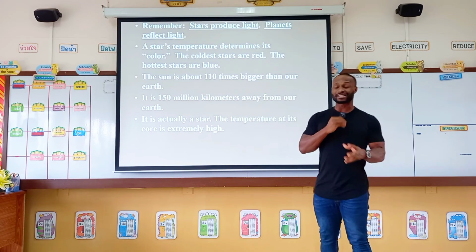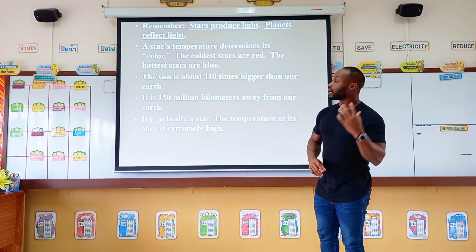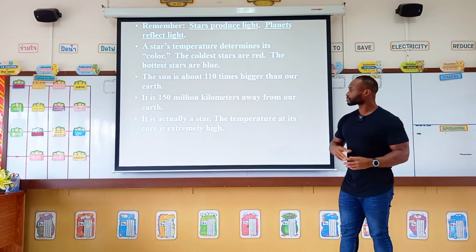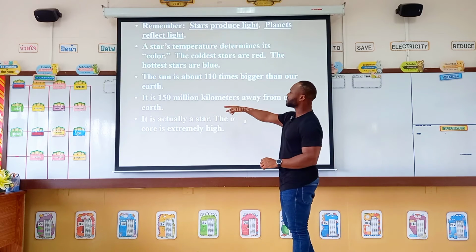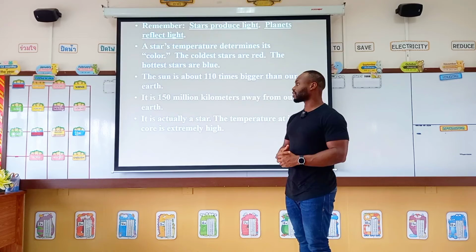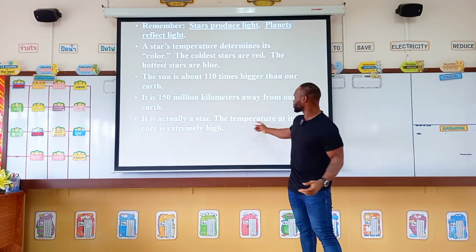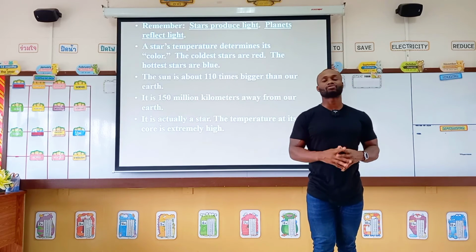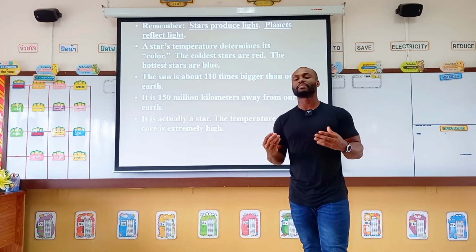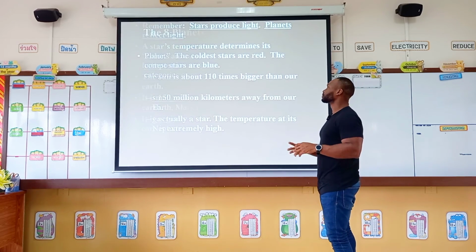So the sun can actually fit all the planets inside it, okay? 110 times. It is 150 million kilometers away from the earth. That is how far it is from the earth. It is actually a star. The temperature at its core is extremely high. So high temperature means it is very hot. Okay, next slide.